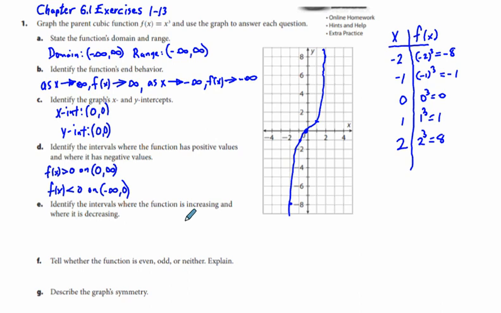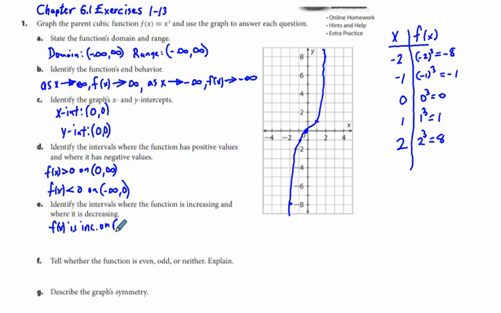Identify the intervals where the function is increasing and where it is decreasing. So we can see that the function is increasing everywhere. So we will say f(x) is increasing on all real numbers.